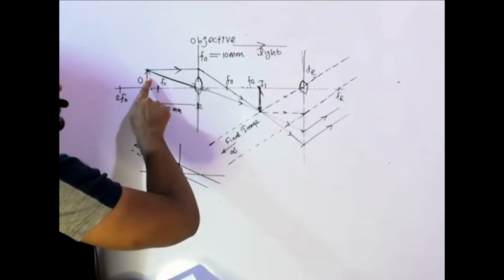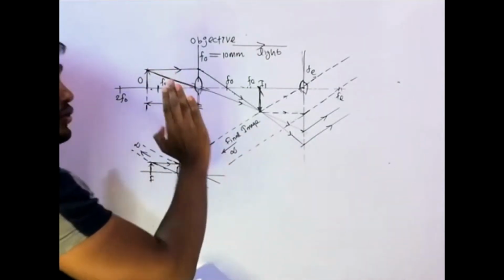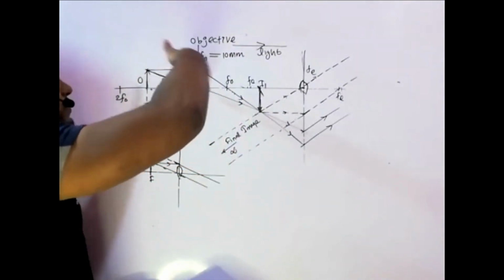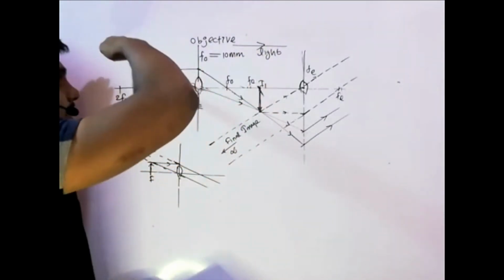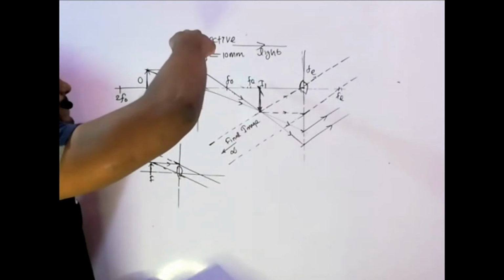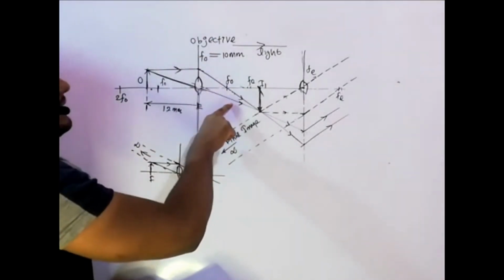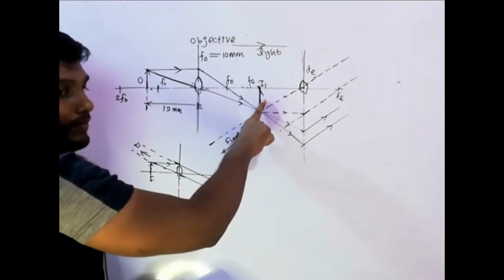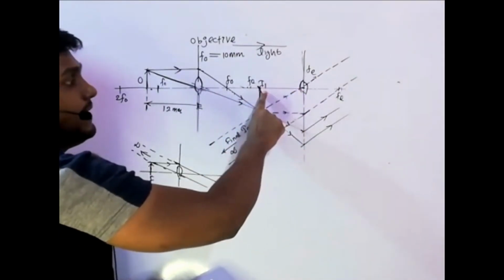So I kept my object between there. Then I used two standard rays: one passing through the center, and the other parallel to the principal axis. Then we decided the remaining path. Then here the image is formed. For this lens, this is the image.